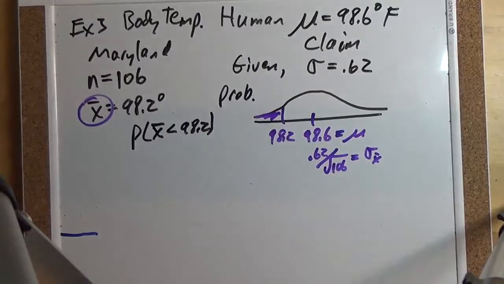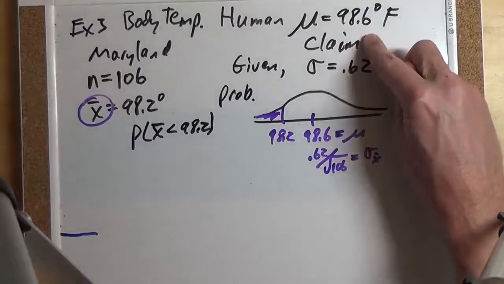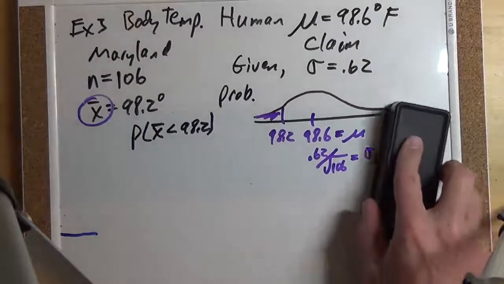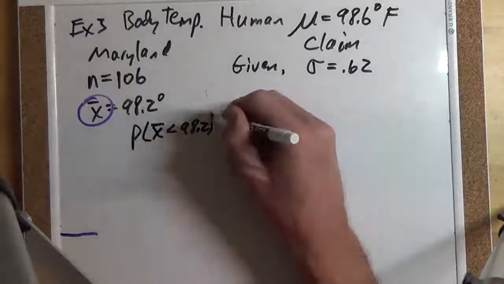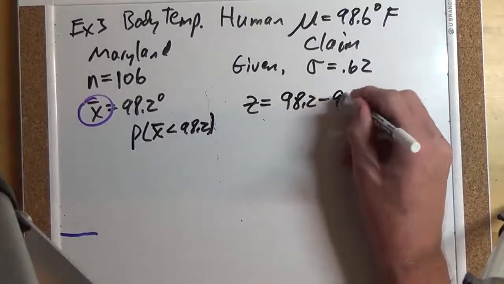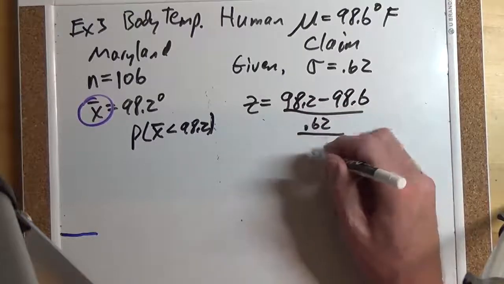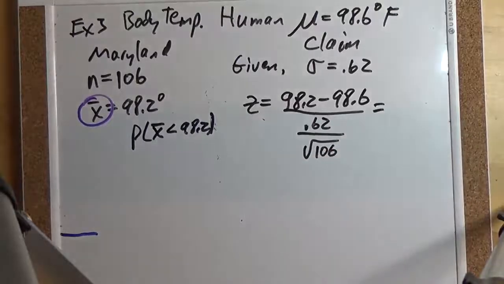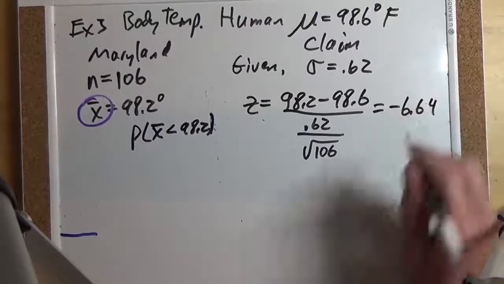Now I'm going to find the z-score, and I'm going to come back and see if it gives me any evidence against this claim. Okay, my z, 98.2, subtract 98.6, divided by 0.62, divided by the square root of 106. Negative 6.64.